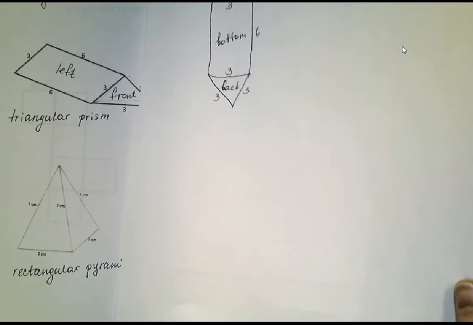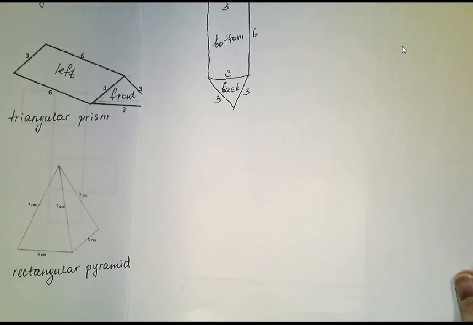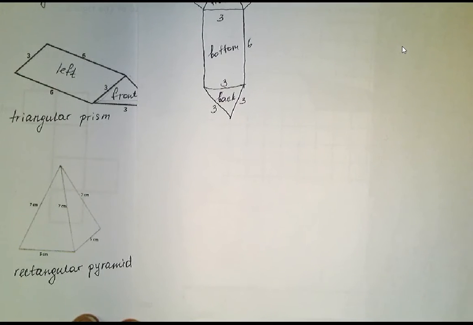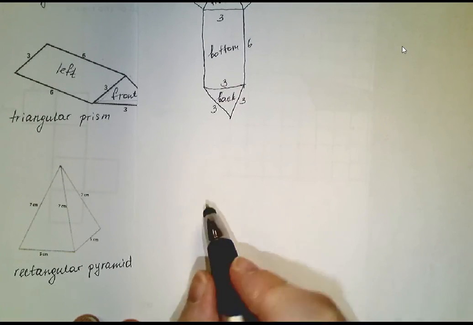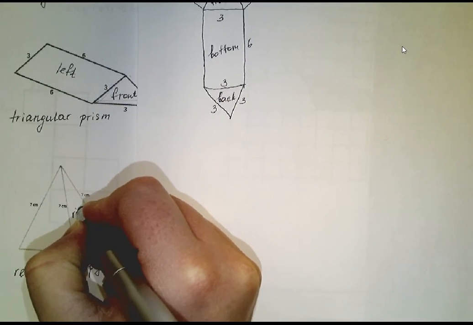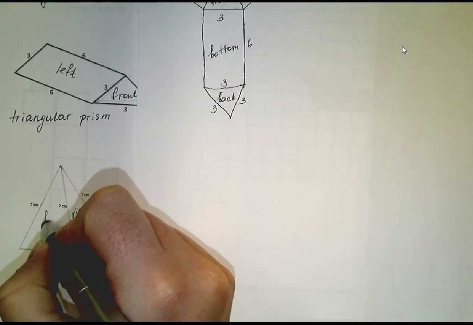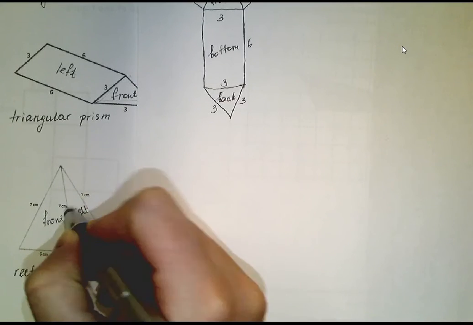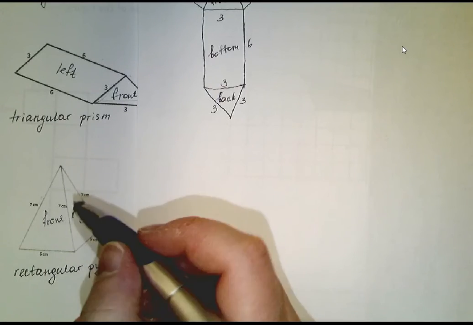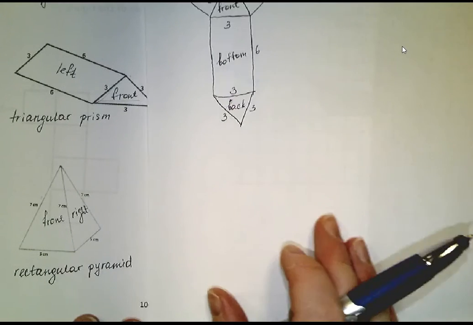So if I were to unfold this pyramid and see what part it's made out of, we will have the right side, we'll have the front side, we'll have the left side, and we'll have the back side, and we also have the bottom.